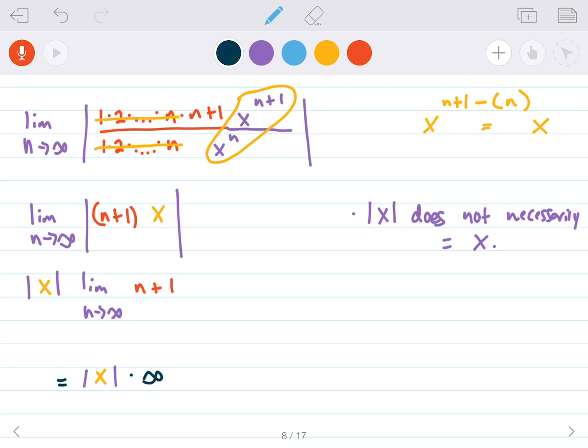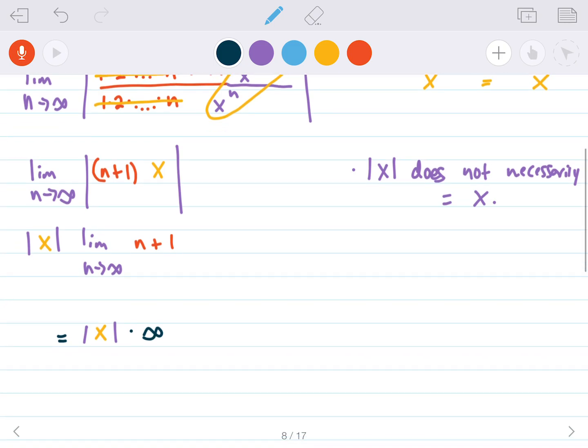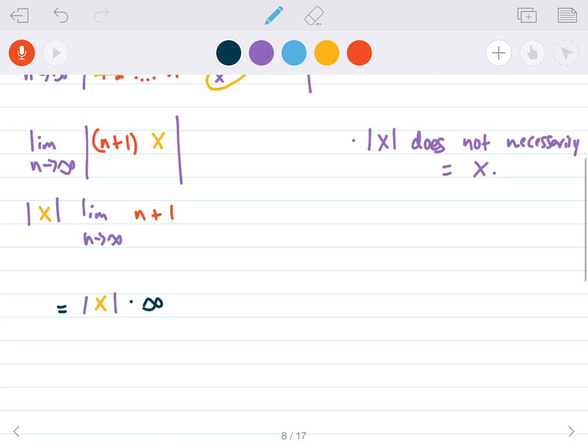So this is going to equal infinity for every value of x except one number. Can you guys think of the value of x that isn't going to make this infinity? Well, it's going to be 0, right? So this equals infinity for all x other than 0.